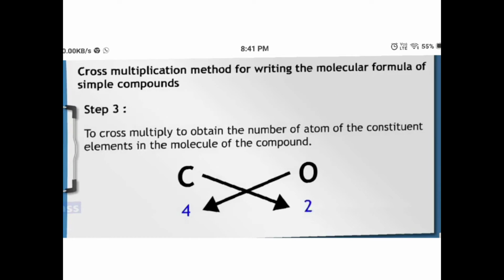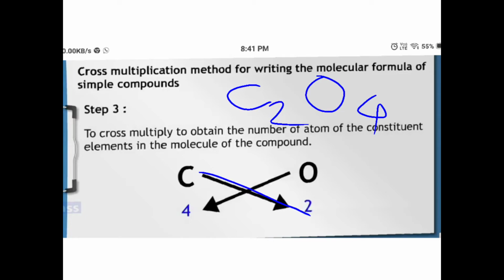After writing this, children, now the third step: cross multiply and write down the molecular formula first. So what you are going to do is write C, and then cross multiply these. You get C2O4.